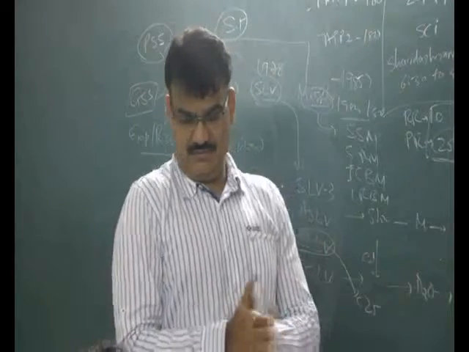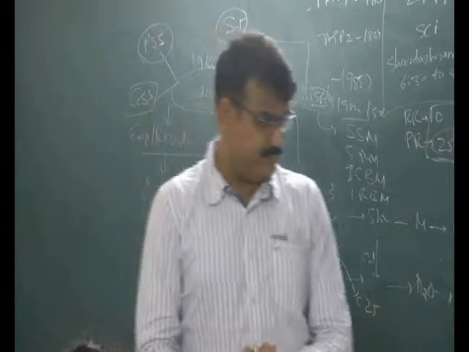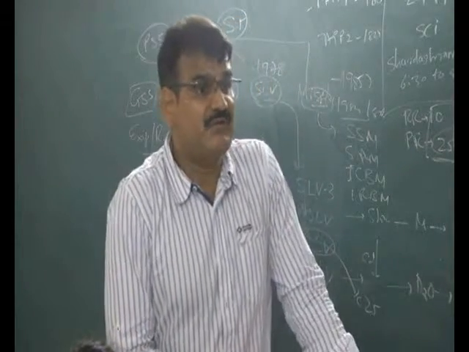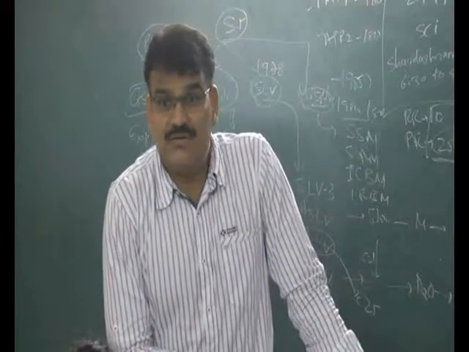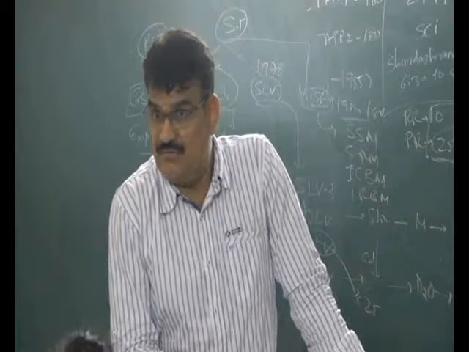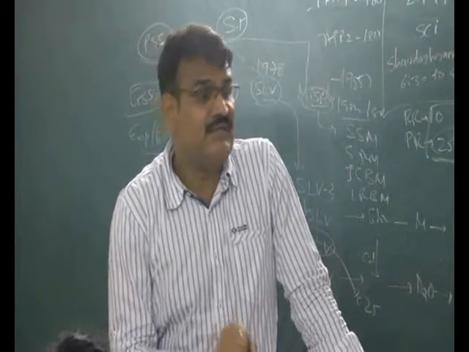Then there was one survey carried out in the city of Mumbai, and it was found that Mumbai is suffering from epidemics of malnutrition of vitamin D3 and folic acid, also vitamin B12. Why is this happening?